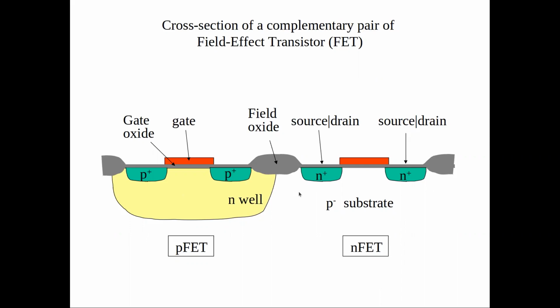These are essentially p-n junctions. So from the first lecture, you dope with higher concentrations of donors to get n+ regions, and with lower concentrations of acceptors to get p- regions. Then you can create these p-n junctions, which are the fundamental element that allows you to build these field effect transistors.